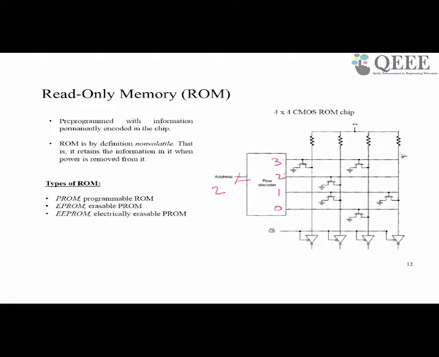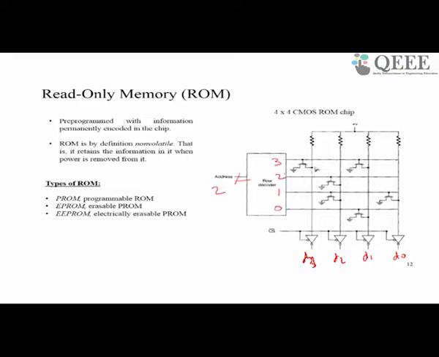So let us say these are the bits D0, D1, D2 and D3. Then at each of these cross points we will either enable or disable a connection. If a connection is enabled, a bit is stored. We will see how it works.